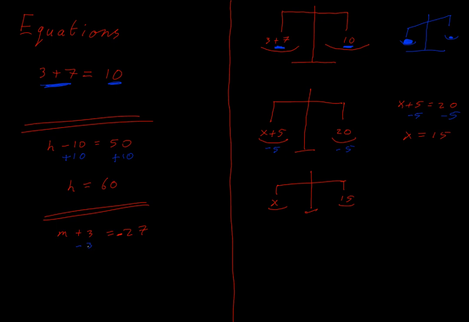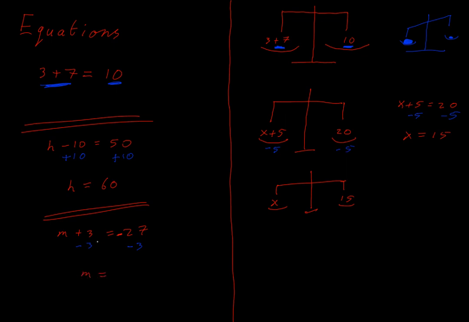So m plus 3 is equal to minus 27. I take away 3 from the left hand side, and then I must take away 3 from the right hand side as well to keep everything balanced, because if I took 3 away from the left hand side and didn't take it away from the right hand side, I would have broken my balance. I would have less on my left hand side than I would on my right.